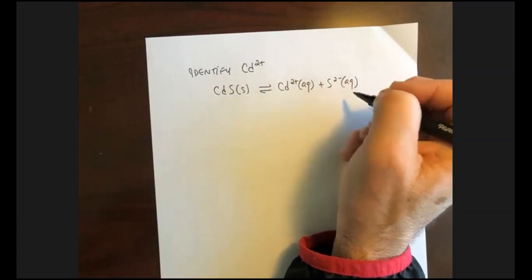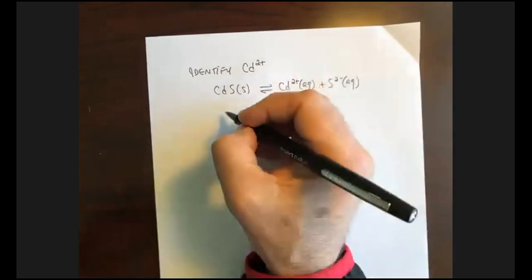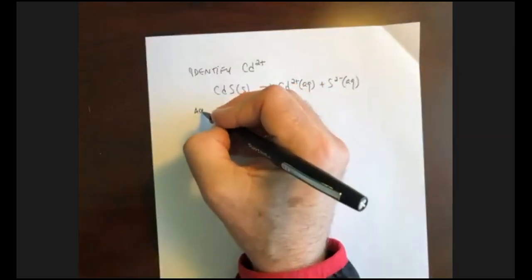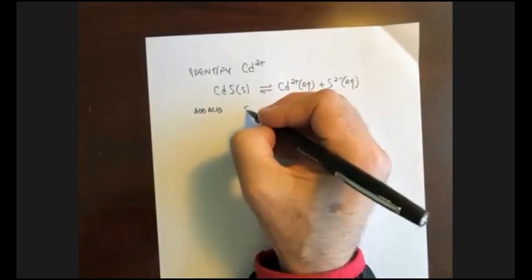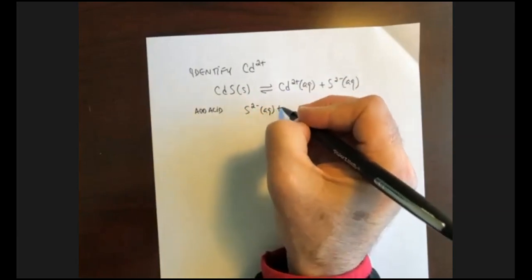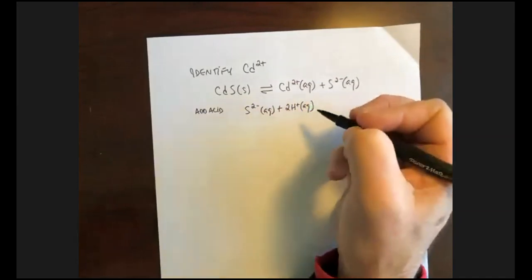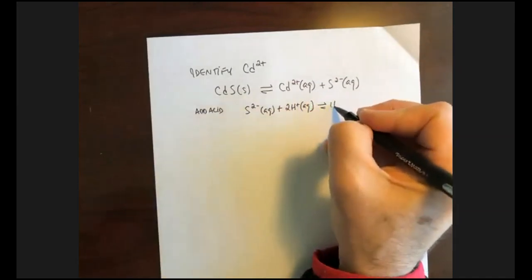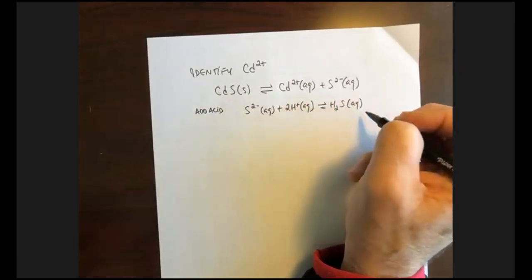Now remember that the sulfide ion is always going to be in equilibrium with its acidic form, the hydrogen sulfide. So let's say that I were to add acid to this precipitate. Well, what would happen is that now the sulfide ions would react with the excess of hydrogen ions to give me back the dissolved hydrogen sulfide.